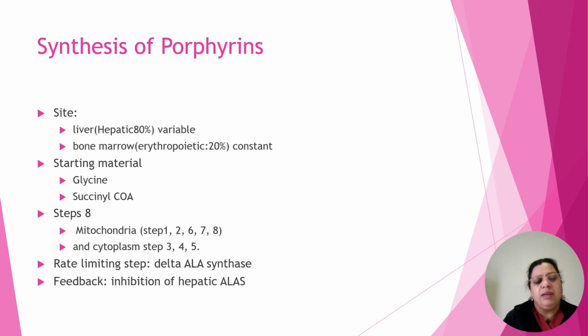Now feedback inhibition is by the inhibition of the enzyme delta ALA synthase, which is the hepatic enzyme. The final product, heme, is responsible for inhibiting the delta ALA synthase enzyme.